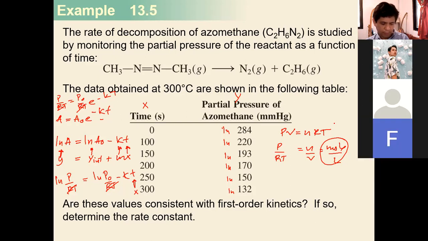Tapos yung LN, LN 284, LN 220, LN 193, LN 170, LN 150, LN 132. Okay, tapos AC, tapos operation, and then number 3, regression calculation.